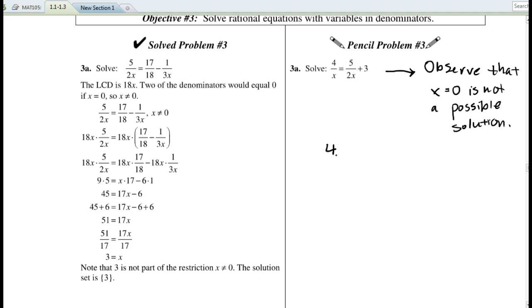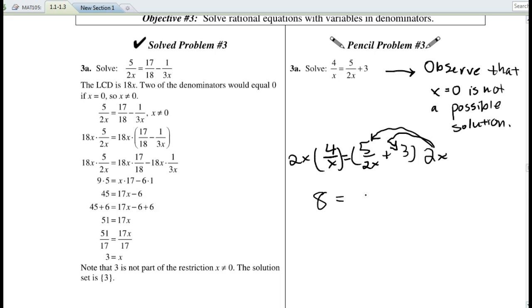So this 4 over x equals 5 over 2x plus 3. Basically, we want to take all that and multiply by 2x. And if you do that, you'll clear all the denominators out. So on the left-hand side, the x's cancel, and we just get 4 times 2, which is 8. And on the right, we have to remember to distribute. So to the 3, and then also to the 5 over 2x. 2x times 5 over 2x just leaves us with 5.